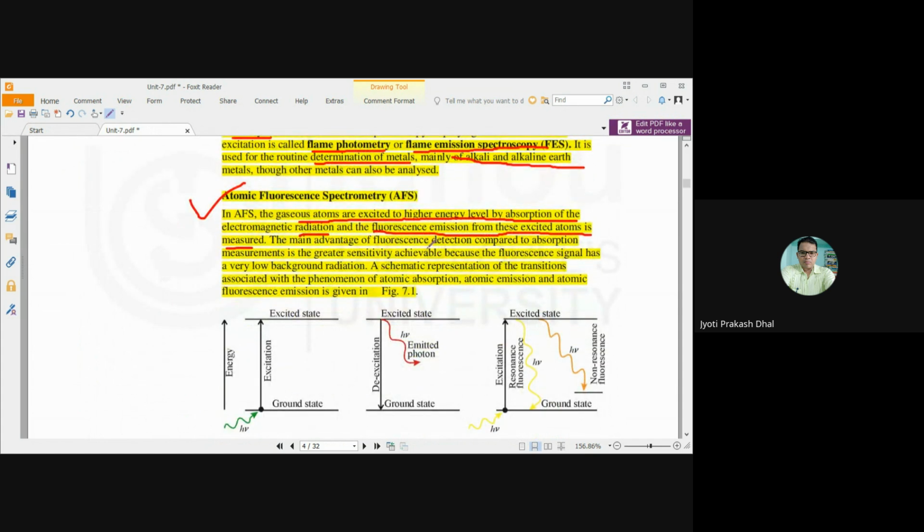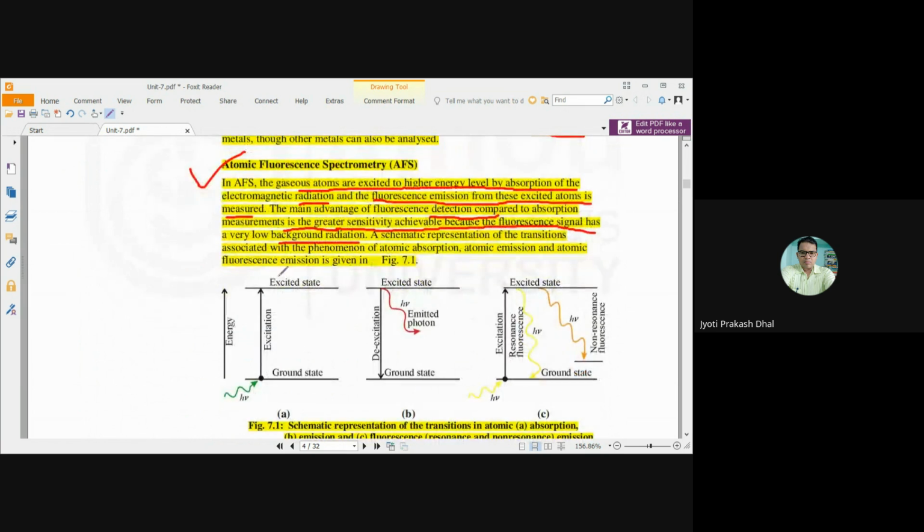The main advantage of fluorescence detection compared to absorption measurement is the greater sensitivity achievable, because the fluorescence signal has a very low background of radiation. So that means if the concentration level of the atoms present in the analyte is extremely low, that can also be detected using this AFS technique.